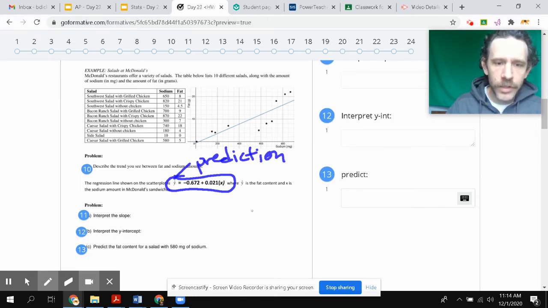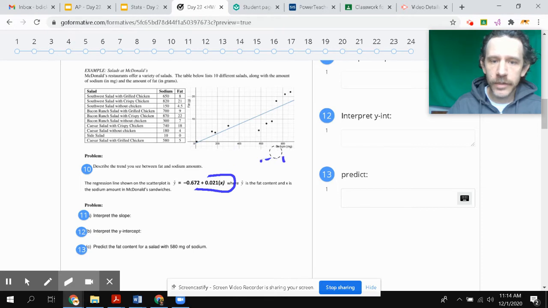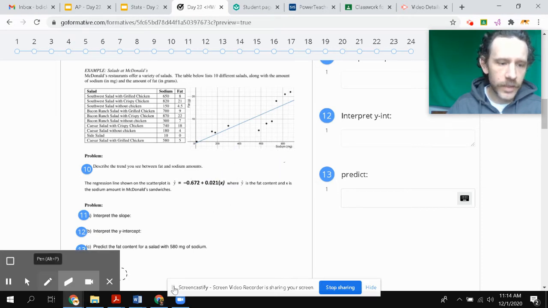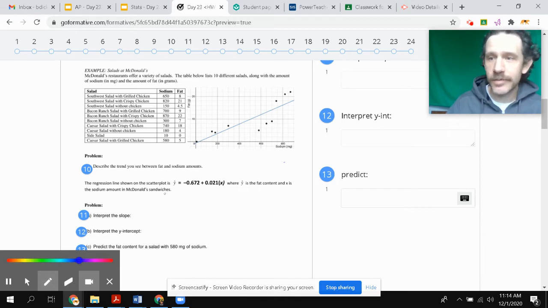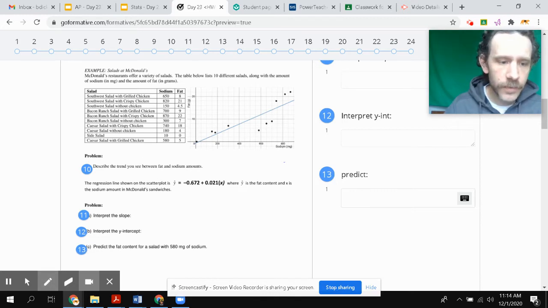When I talk about slope, there are a couple of things you want to make sure you get. First, you want to learn how to identify the context: which is my x, my explanatory variable, and which is my y. The problem tells us that y hat is the fat content.